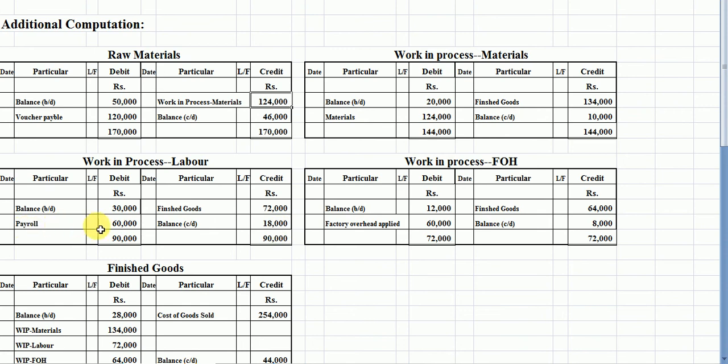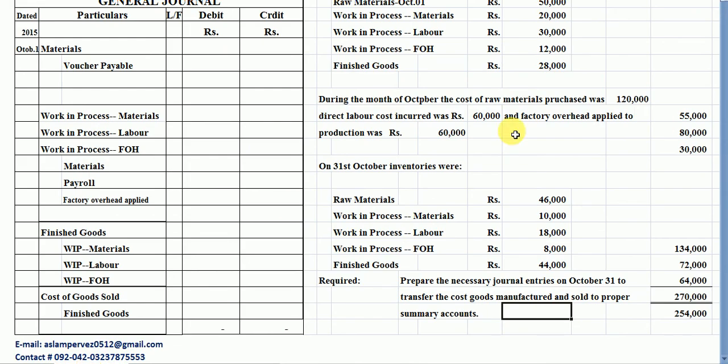The direct labor cost used in the production is 60,000 rupees here. The direct labor cost is 60,000 rupees, which is charged in the ledger.